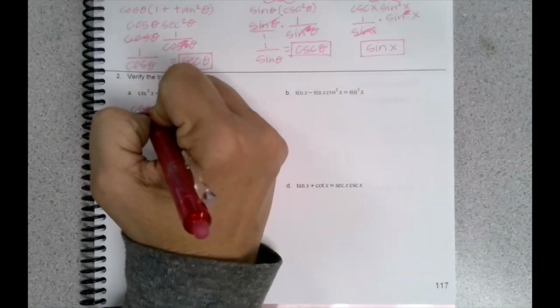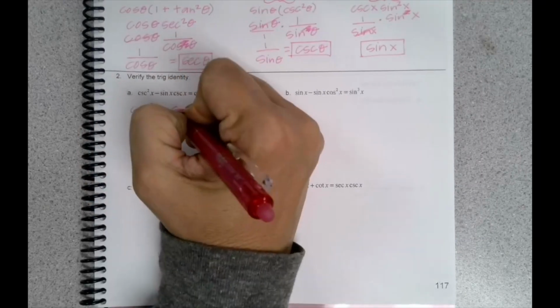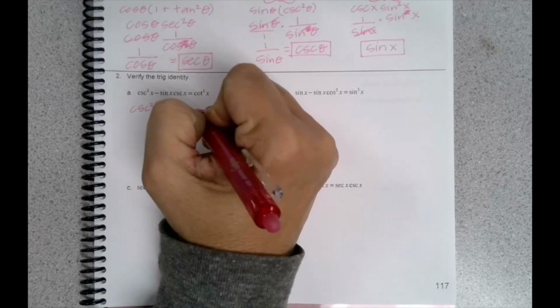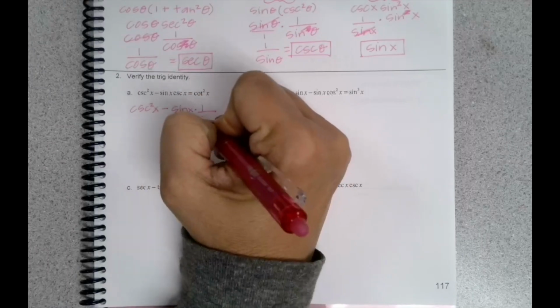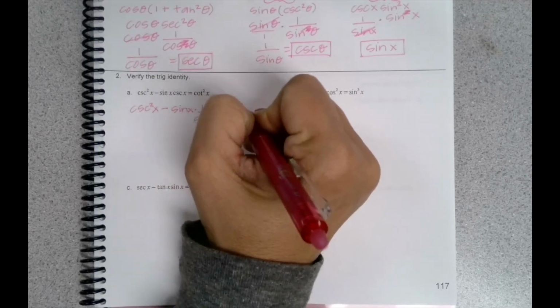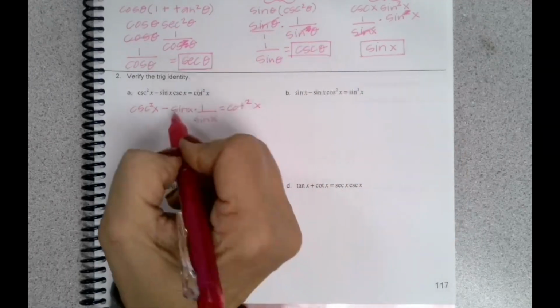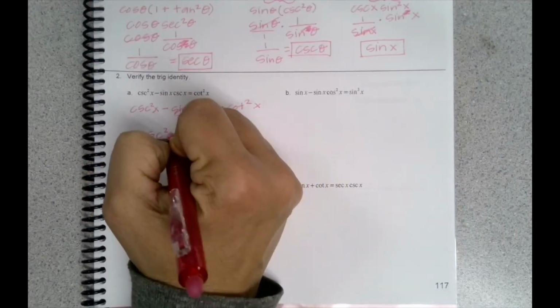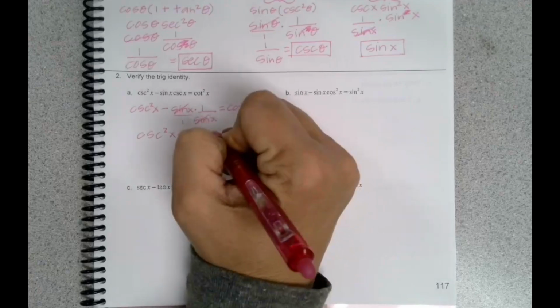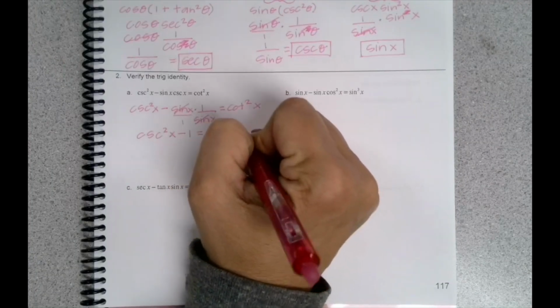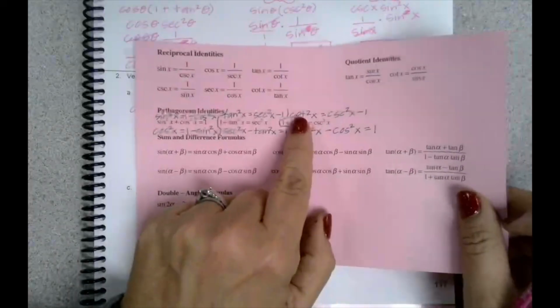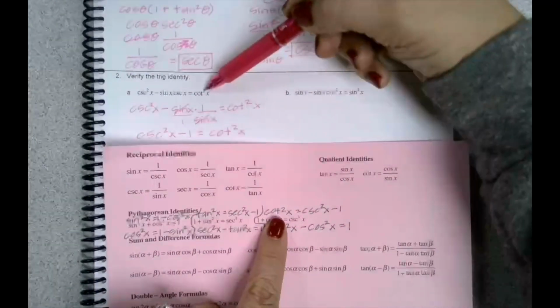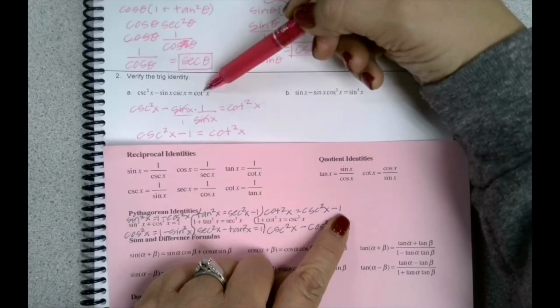So cosecant squared x minus sine of x times 1 over sine of x equals cotangent squared x. So then what's going to happen here is this is going to cancel, and I'm just going to have cosecant squared x minus 1, which I was kind of hoping to get, because when I looked on this sheet, I saw that cotangent squared x, which is what I have here, is cosecant squared x minus 1.